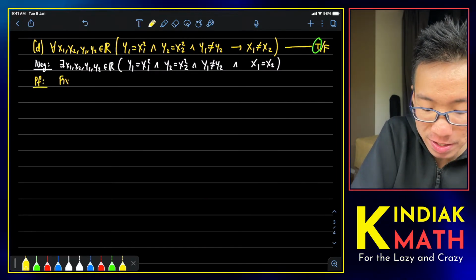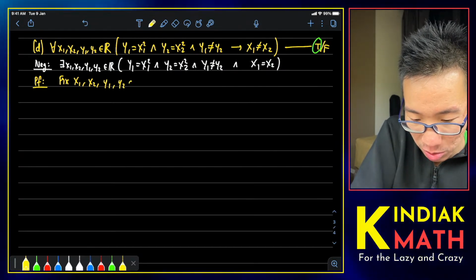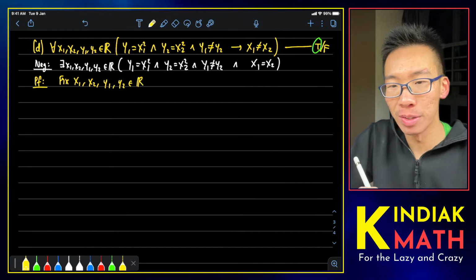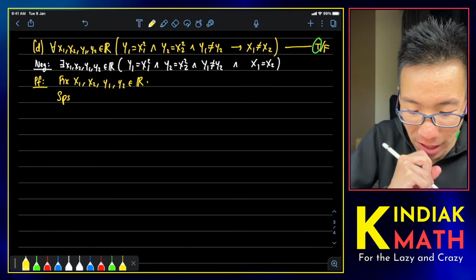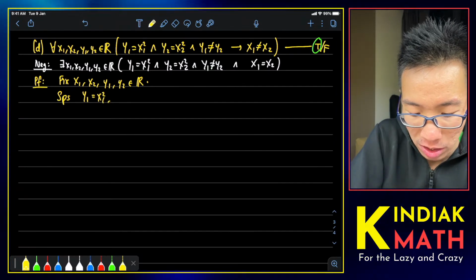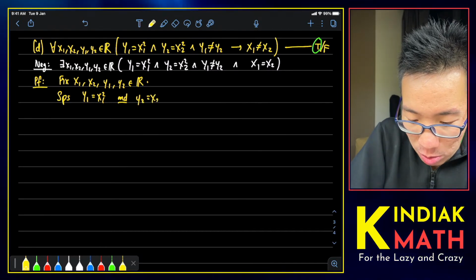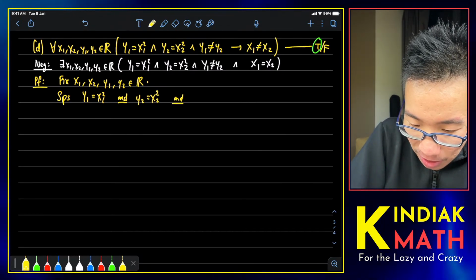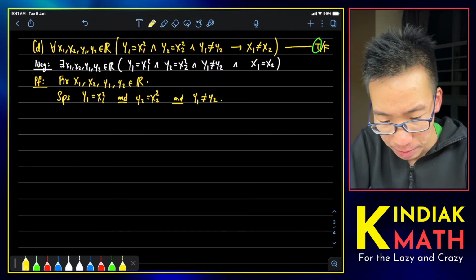And we will fix x1, x2, y1, y2 in the real numbers. We will suppose that y1 equals x1 squared and y2 equals x2 squared and y1 is not equal to y2.